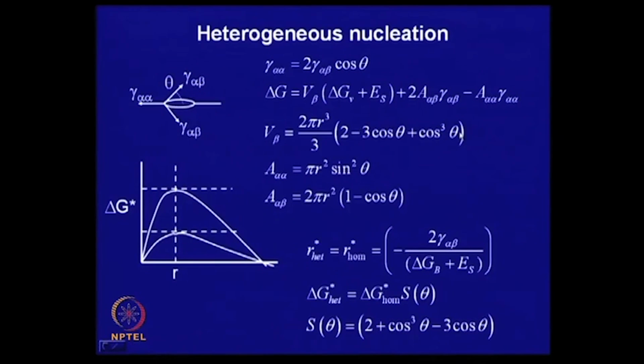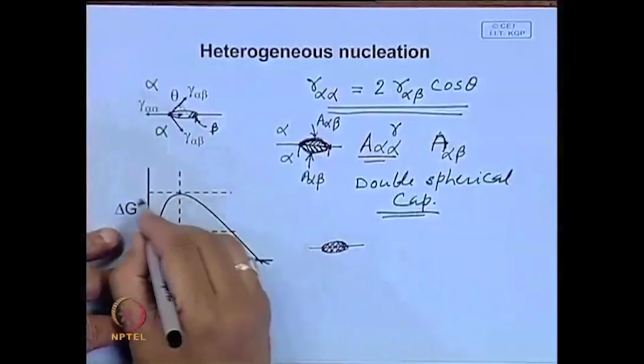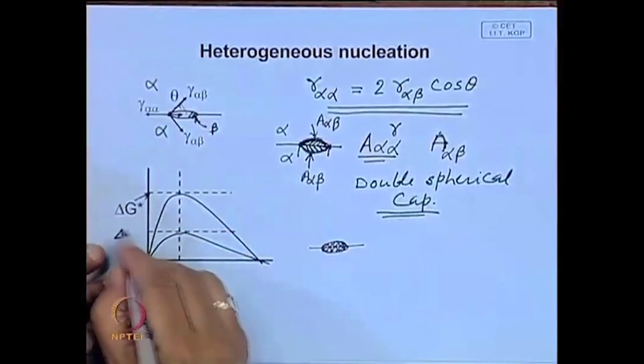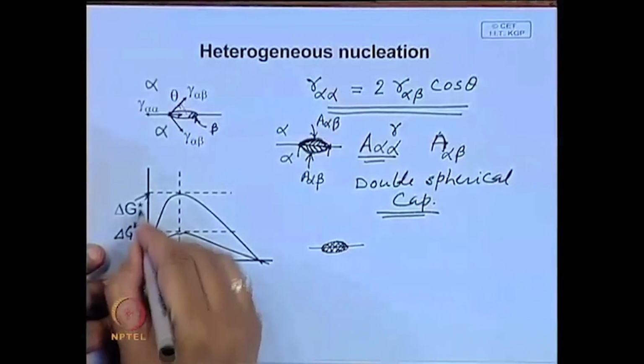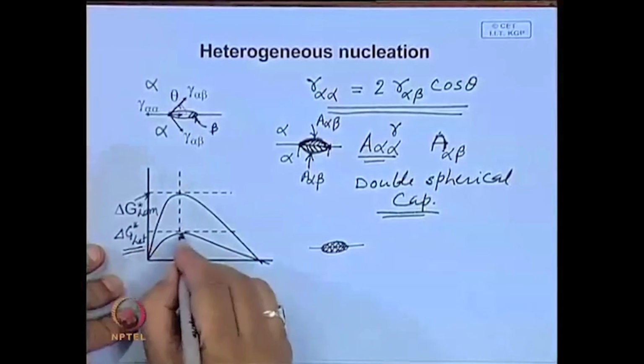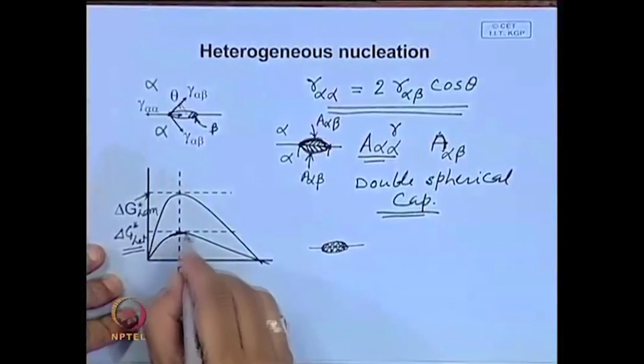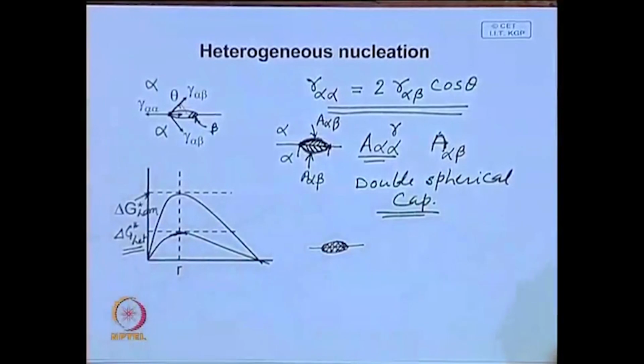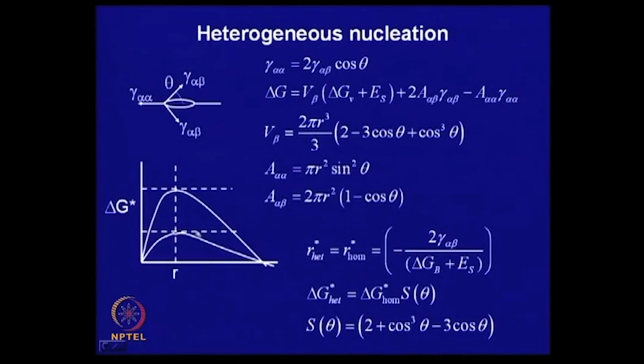This function of theta is called the shape factor, and in heterogeneous nucleation the energy hump reduces. So, this is for homogeneous, this is for heterogeneous. For the heterogeneous process the energy hump is less, so this should normally be the most preferred process of precipitation.